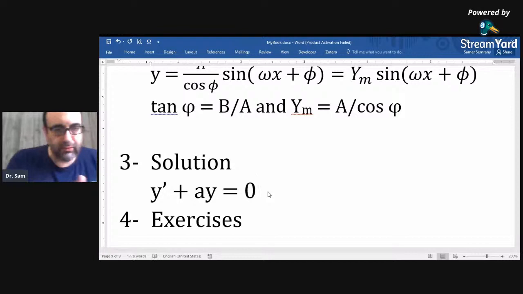How to solve this equation? So we will write y prime as dy over dx. You know, we can do that.